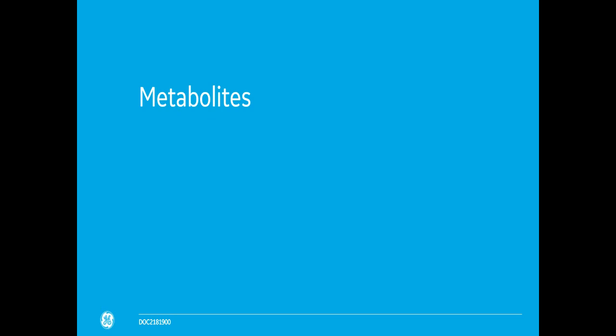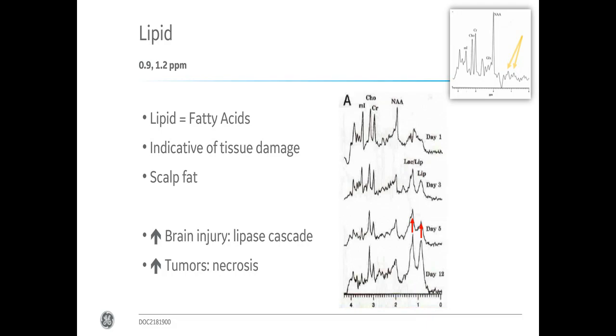And for that, as I mentioned, we look at specific metabolites in the brain. Now I'm going through the list of the main metabolites you will see in a typical spectrum from the brain. I start from right to left, as it goes from 0 to 4.7 ppm.